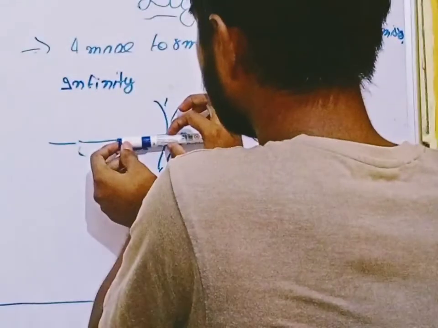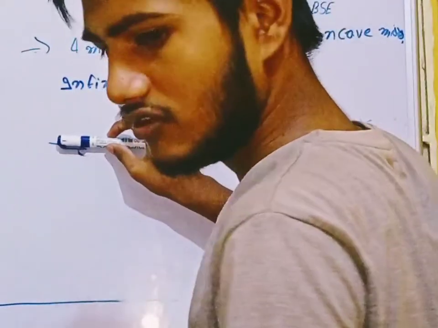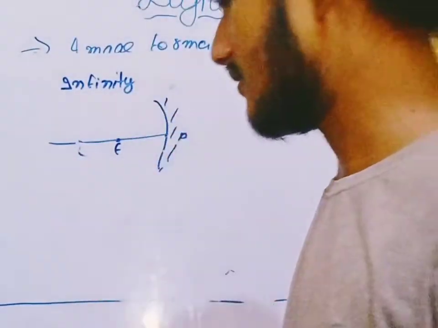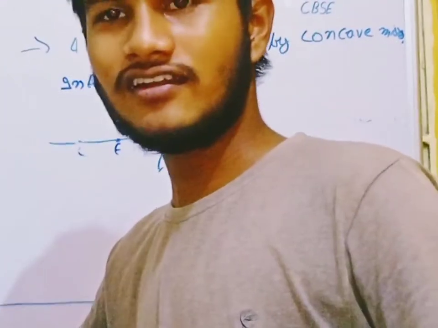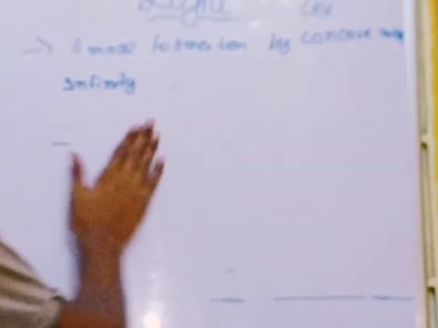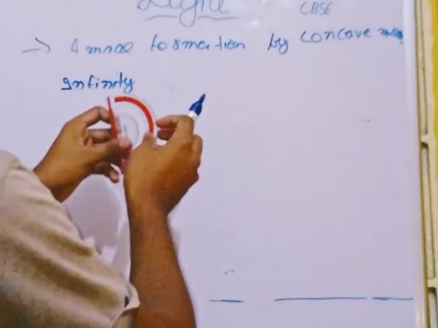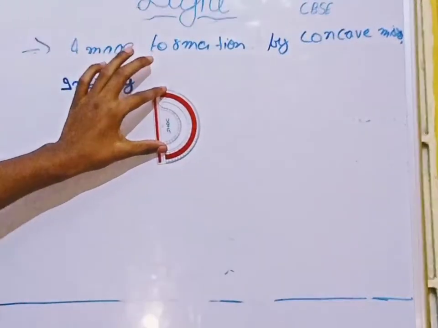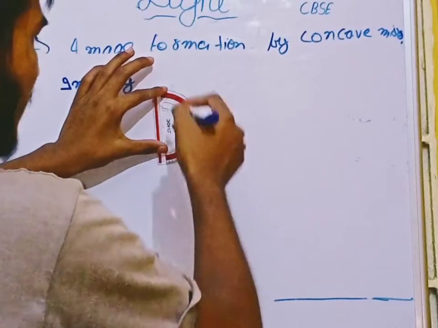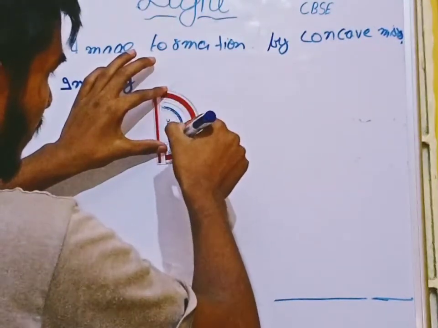That means the distance between this and this is something, and this is equal to, just a second, I need a scale. Okay, I have a protractor here, it's good for us. Now let us draw. It is going to be clear now. First take the protractor here, then draw it.